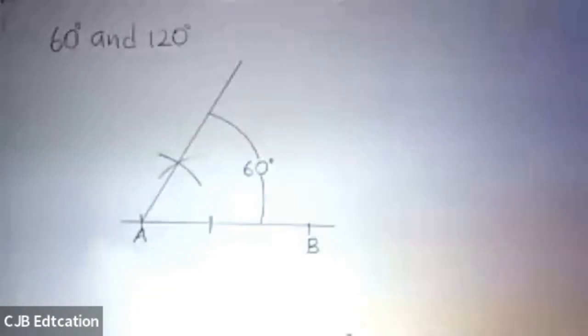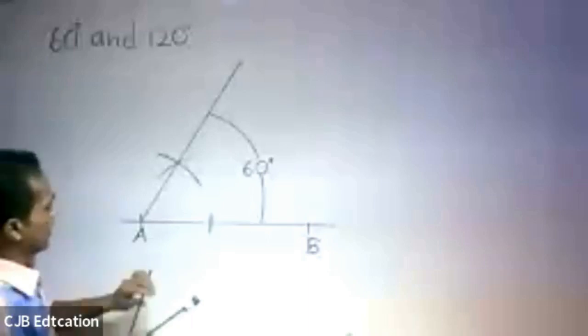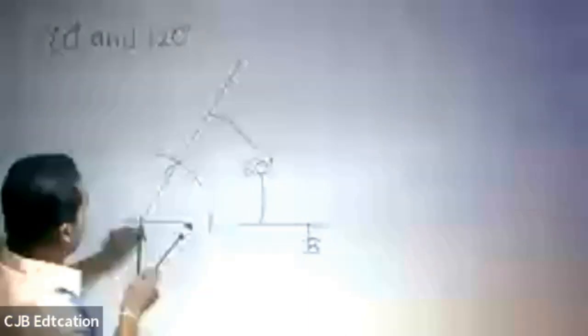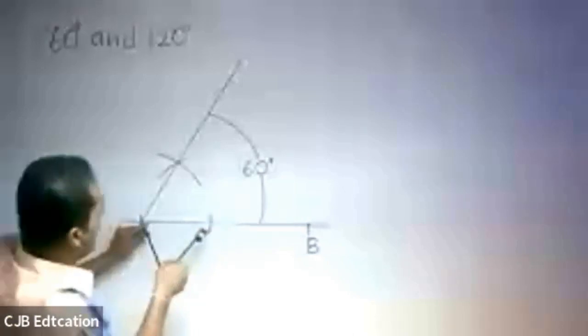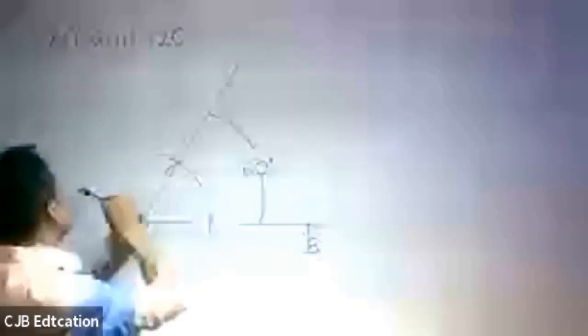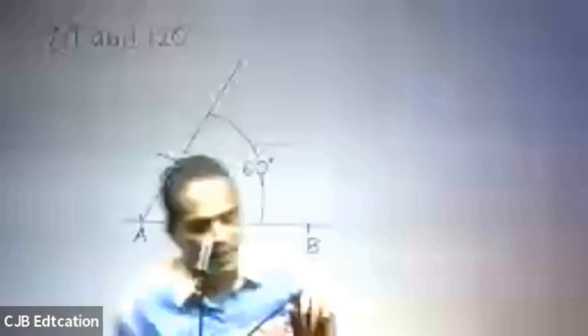Right, so then we see how we can construct the 120 degree angle. Again we have to take that same distance which we used for the compass first. Then no need to change the distance.